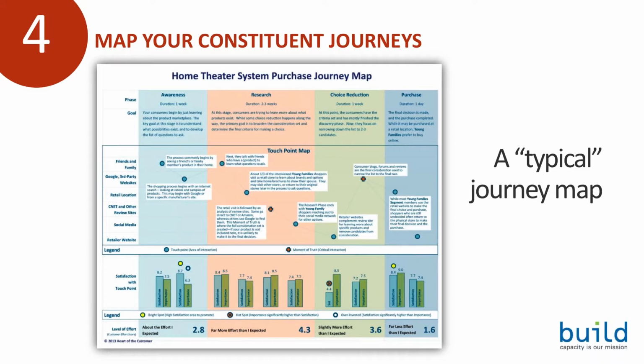What I don't like about this constituent journey map is, first, it assumes that the people looking at it have a high level of organizational understanding. So this is not something that I could probably approach in my first days working at this home theater system company. Secondarily, it doesn't necessarily translate across all of the skill sets within an organization.